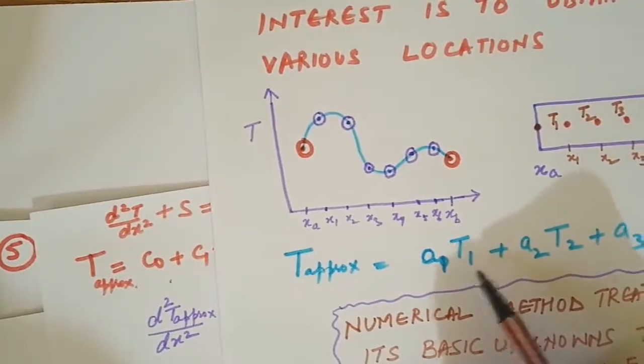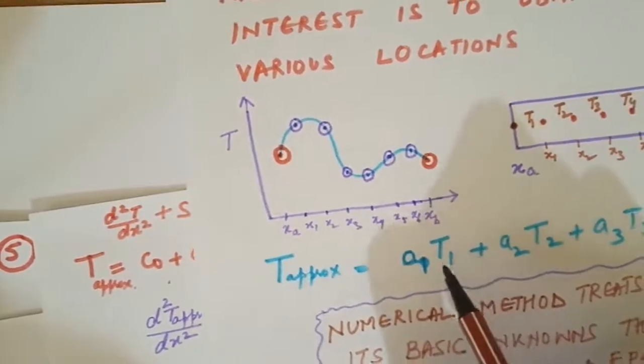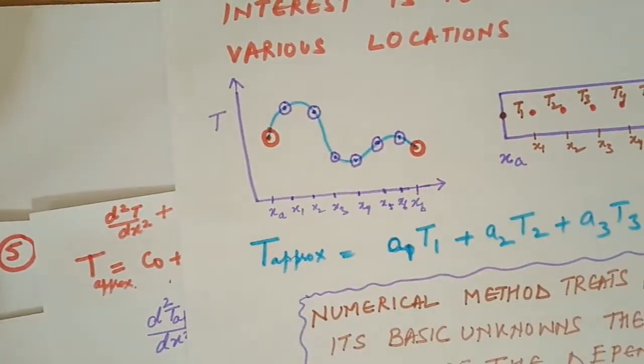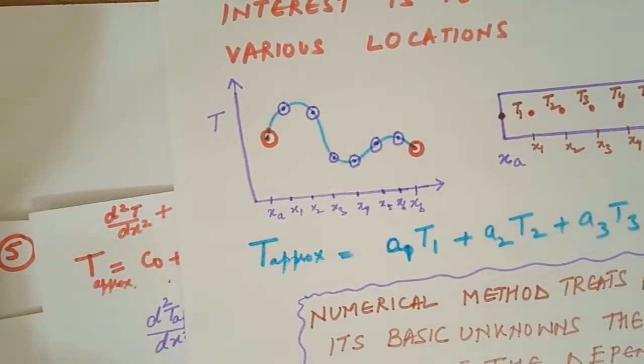But now, by doing this, essentially what we have done is, in focusing attention on the values at a finite number of locations, we have actually replaced the continuous information contained in the exact solution of the differential equation with discrete values.